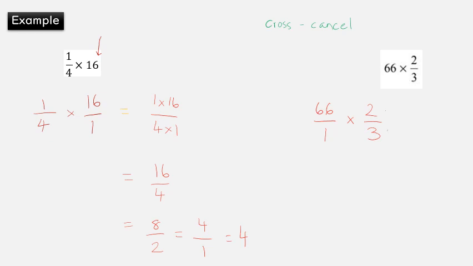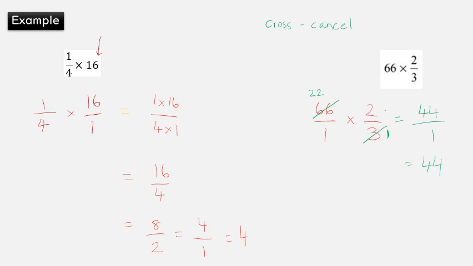Well, the 2 and the 3 don't cancel, but 3 and 66, 3 goes into 3 one time, and 3 lots of 22 go into 66. So I can cancel that there, making it easier. So 22 times 2 is 44. 1 times 1 is 1, so my answer is 44.